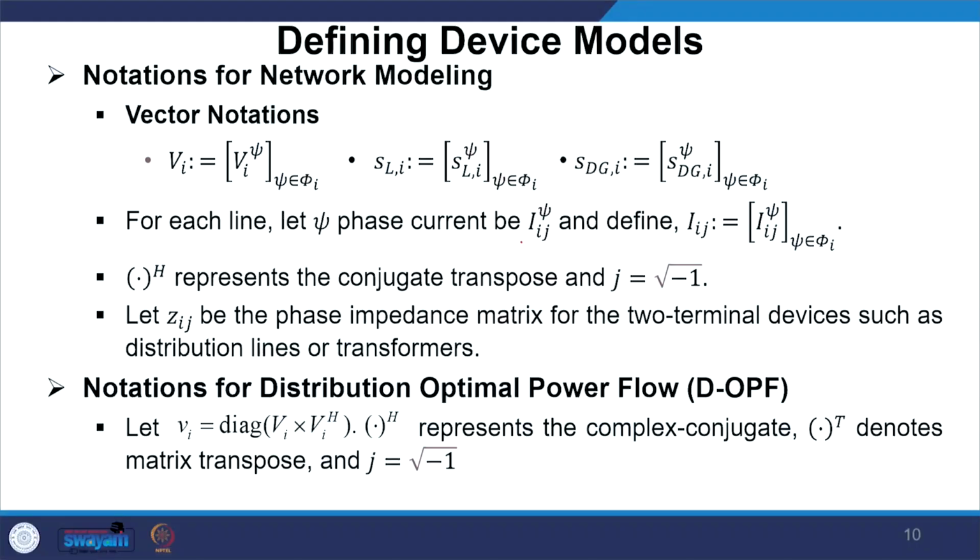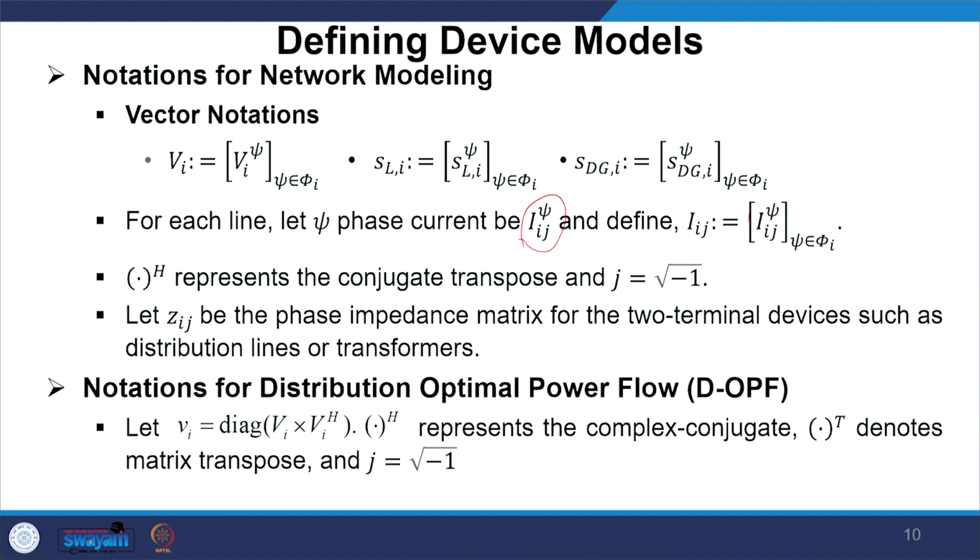So, V_i, S_Li and S_DGi can be defined in this fashion as vectors. Now, for each line, let the phase current be defined as I_ij^phi and define I_ij, which is again a vector of I_ij^phi for all 3 phases. Now, dot H represents the conjugate transpose and j is the square root of -1.